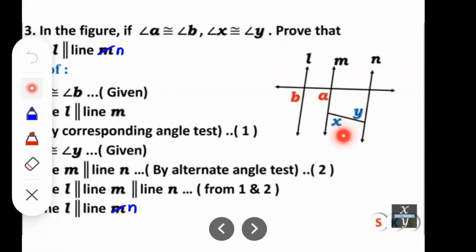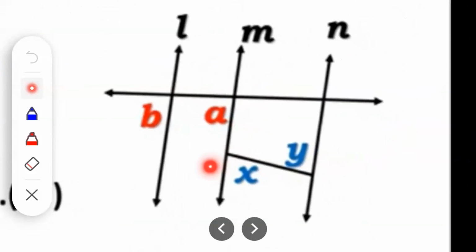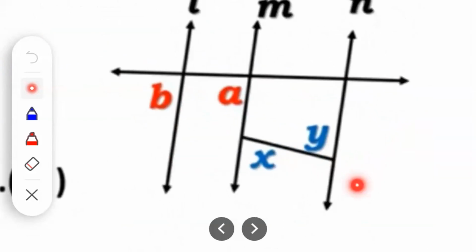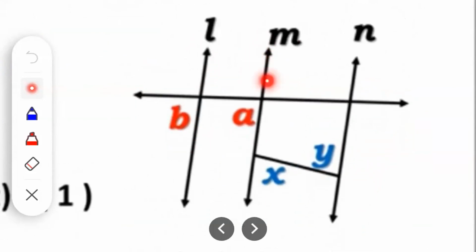Now observe the diagram here carefully. In the first case, for the two lines, line L and line M, if this line is the transversal, then angle B and angle A are corresponding angles.